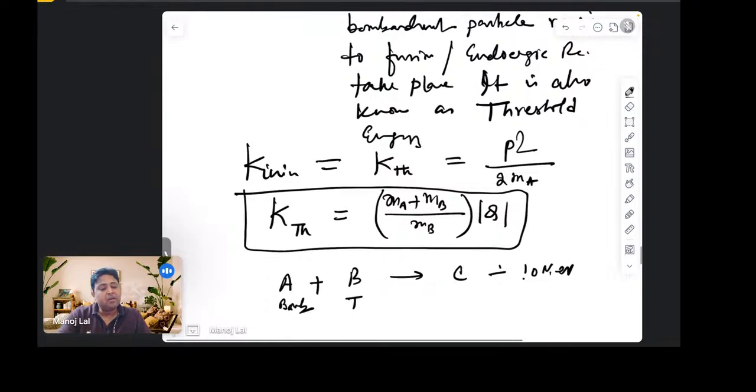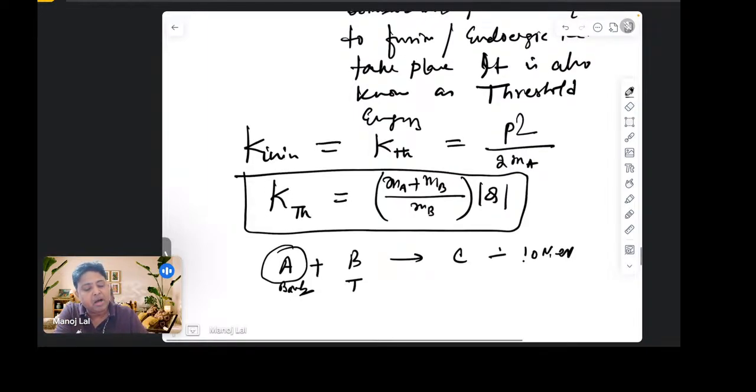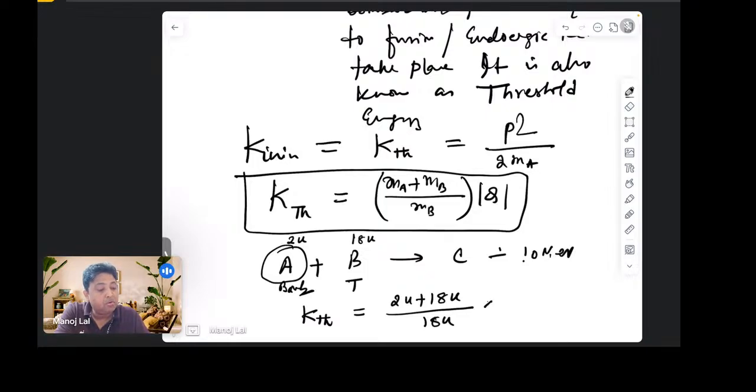So what is the threshold energy of A required to make this reaction possible? Suppose the mass of A is 2 u, and the mass of B is say 18 amu. Then I can say the K threshold will be (MA plus MB), that is 2u plus 18u, upon the mass of B, that is 18u, into 10, this is mod.